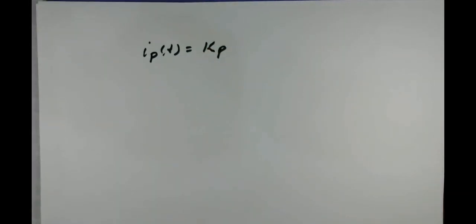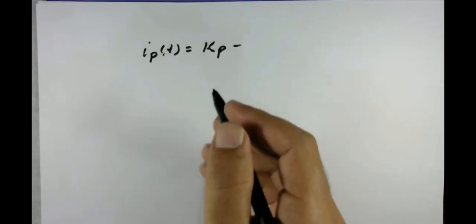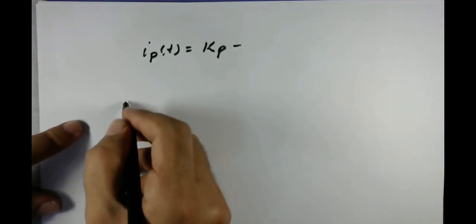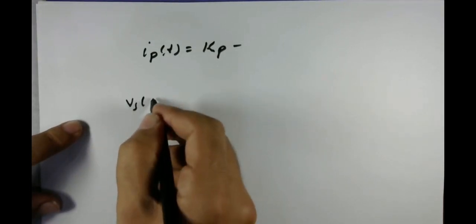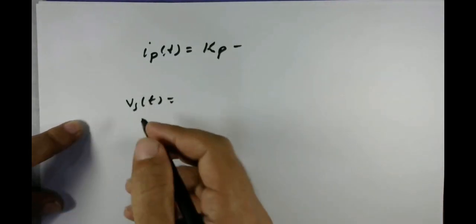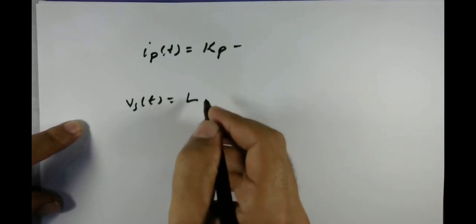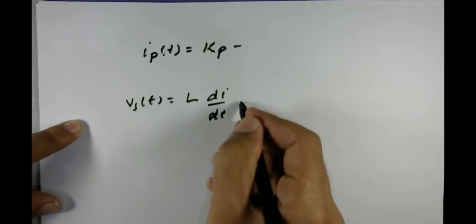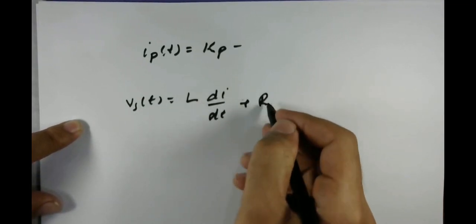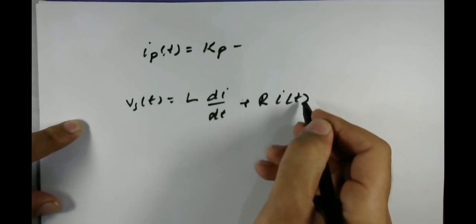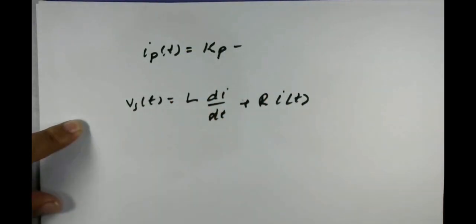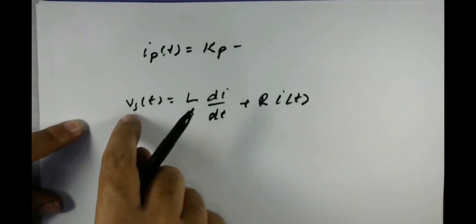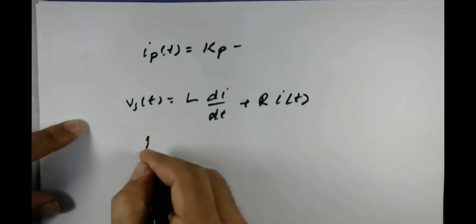Okay, now you take this value and put it into the original equation, which is v_s of t. Okay, v_s denotes the source input voltage. This is L di by dt plus r i of t. Okay, you put this particular solution over here. So v_s of t was 1, you already know that.